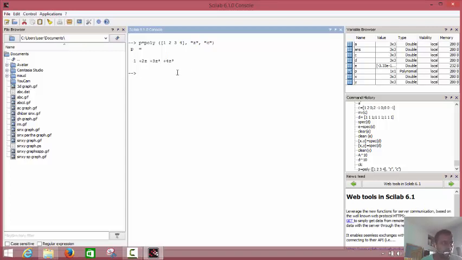We can also define a polynomial using the roots of the equation. A polynomial which has two roots like 2, 3, and it will look like this.